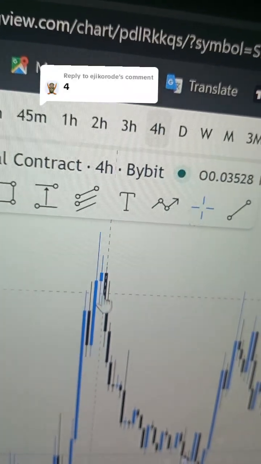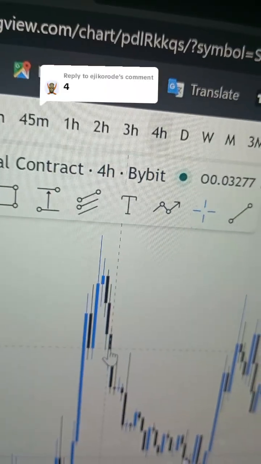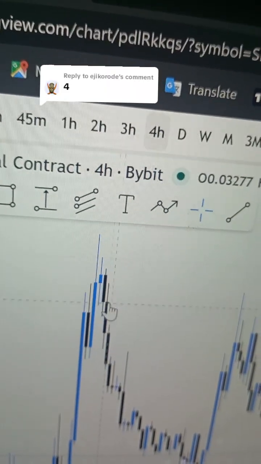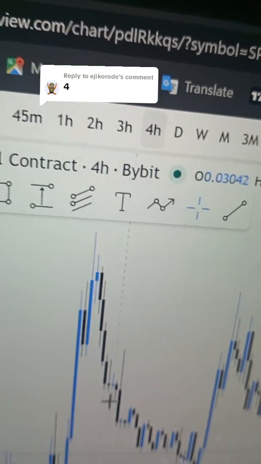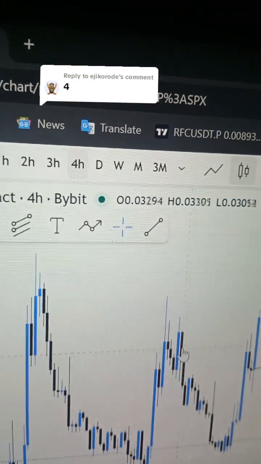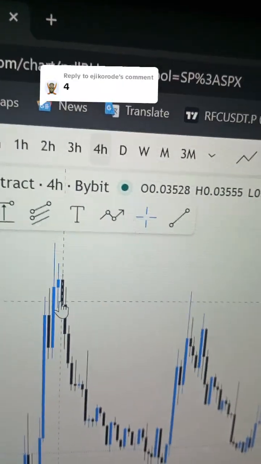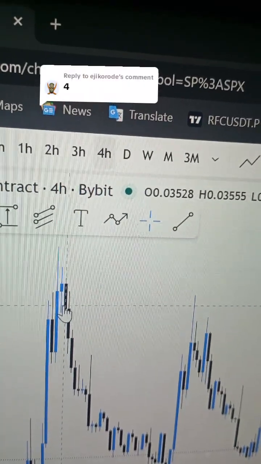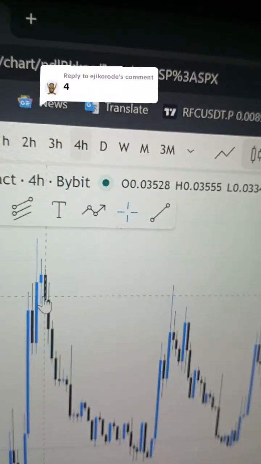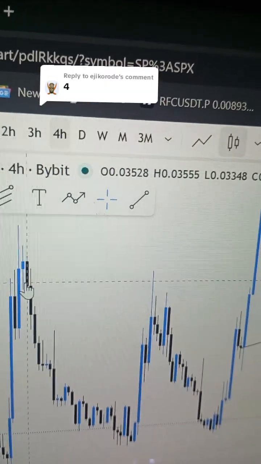But if you check properly, you see that it's only 2 candles. The second candle came and tested it and pushed all the way down. That is how it stays valid. Once price tests a particular key level, it becomes more valid, it becomes stronger.